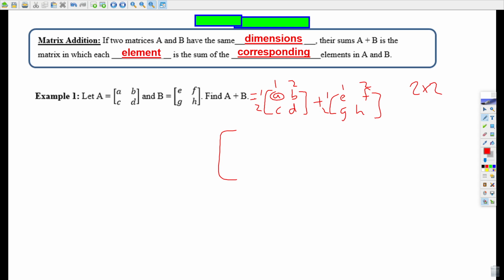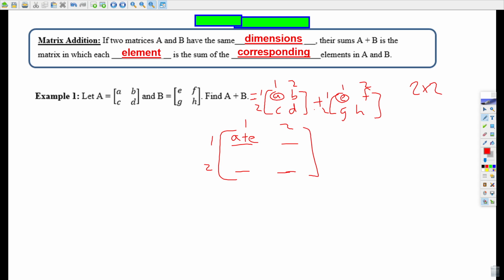We do one at a time. The element also in the first row, first column of the second matrix is e. So a plus e. When these are numbers, we will add them together. Also, the output is going to be a 2 by 2, so I'm going to put little blanks here. Maybe that'll be helpful.